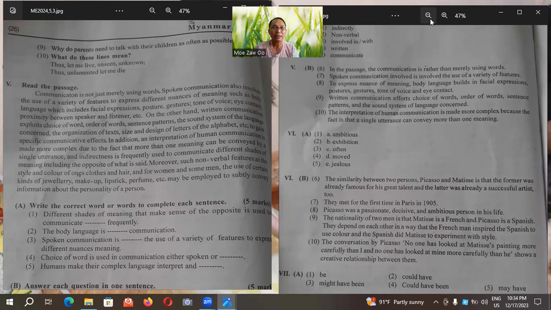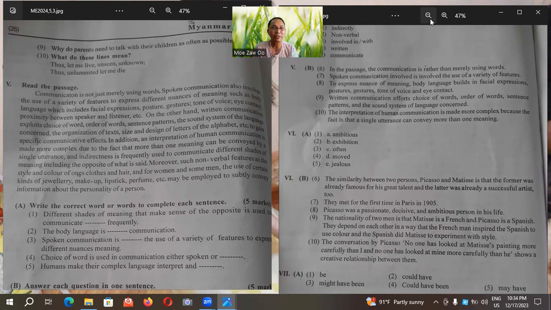On the other hand, written communication exploits the choice of word, order of words, sentence patterns, the sound system of the language concerned, the organization of text, size and design of letters of the alphabet, etc., to gain specific communication effects.